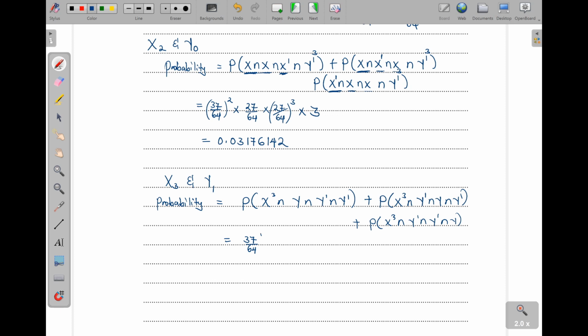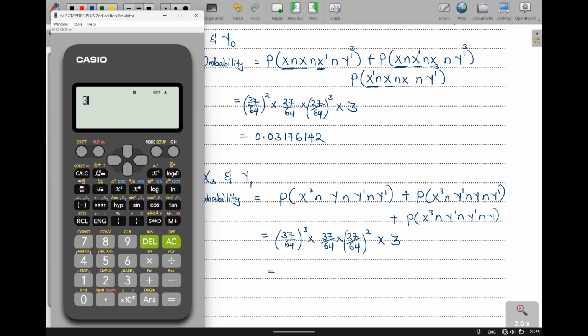Okay, so like that. Now, for Zeno scoring the 3 points, remember the probability of scoring a point is 37 out of 64. I'll just cube this one. And then times Yao scores a point, that is 37 over 64. Okay, and then Yao doesn't score the points here, so it is 27 out of 64. I'm just going to square this one. Even this one I will multiply it by 3 because it's the same thing here and here. So we are going to have 3 times, then we have 37 out of 64.